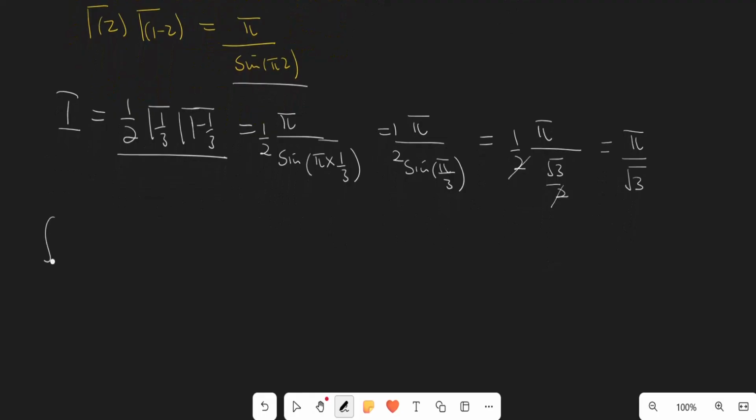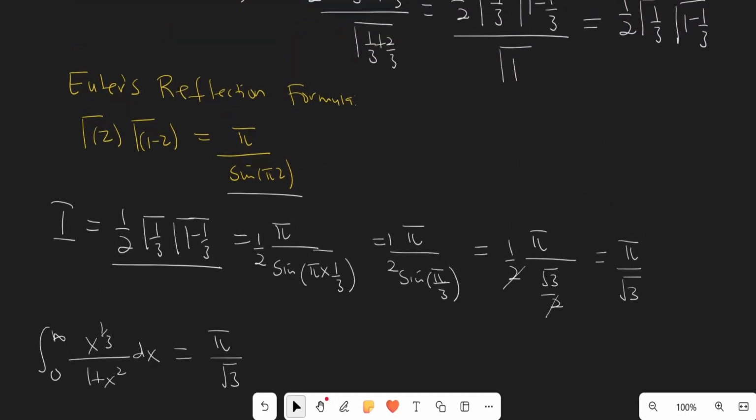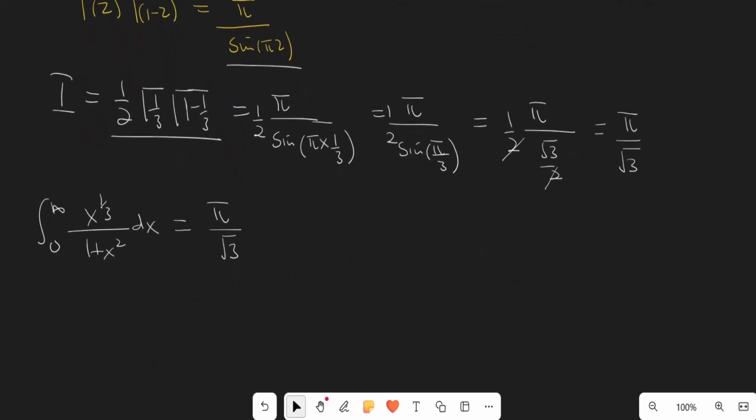The integral from 0 to infinity of the cube root of x over 1 plus x squared dx evaluates nicely to pi over the square root of 3, courtesy of the beta function, the gamma representation of the beta function, and then Euler's reflection formula. So our answer is pi over the square root of 3.